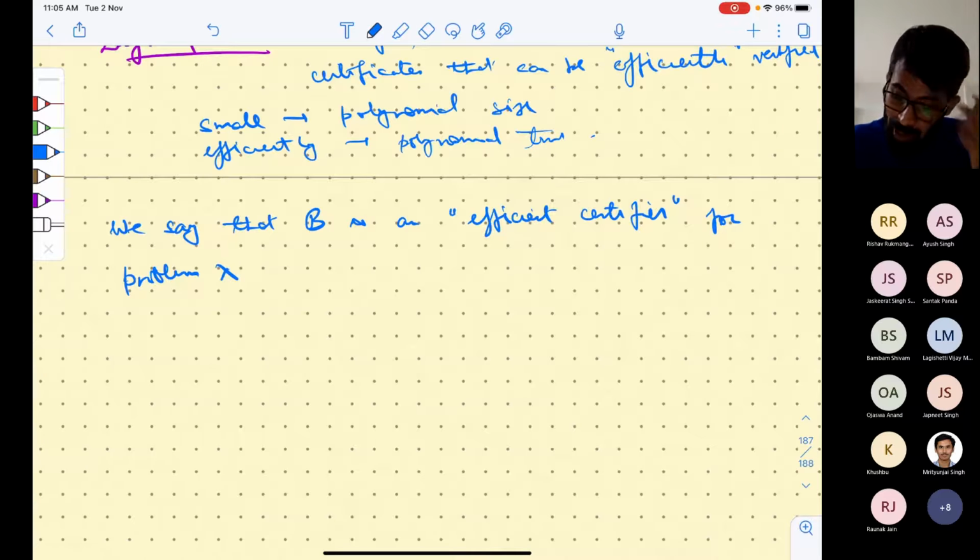So we say that B is an efficient certifier for problem X if two conditions are satisfied.